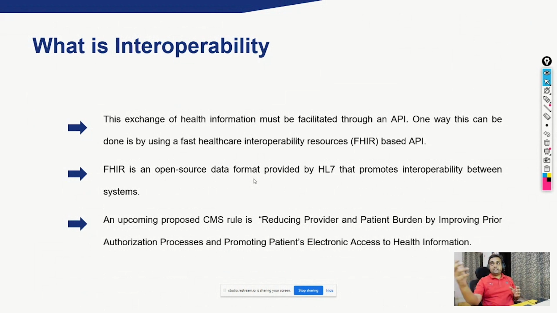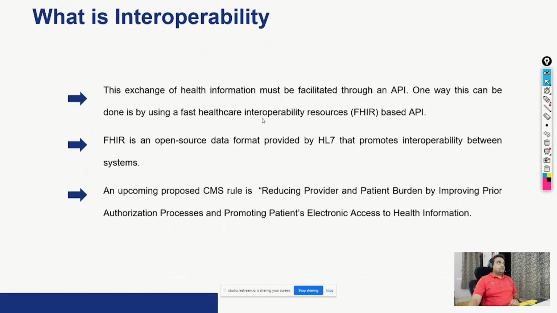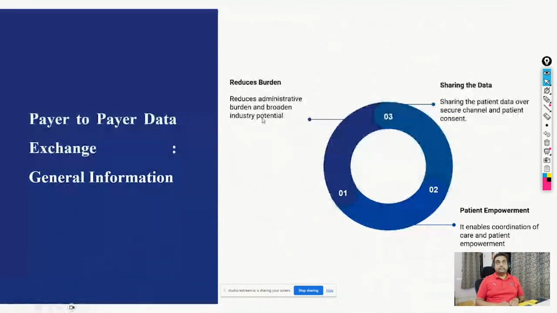We should have some standards, right? That is where FHIR and HL7 come in. If we have standards, then we can achieve this easily using some secure channel, correct? Okay, so I'll go to the next slide.